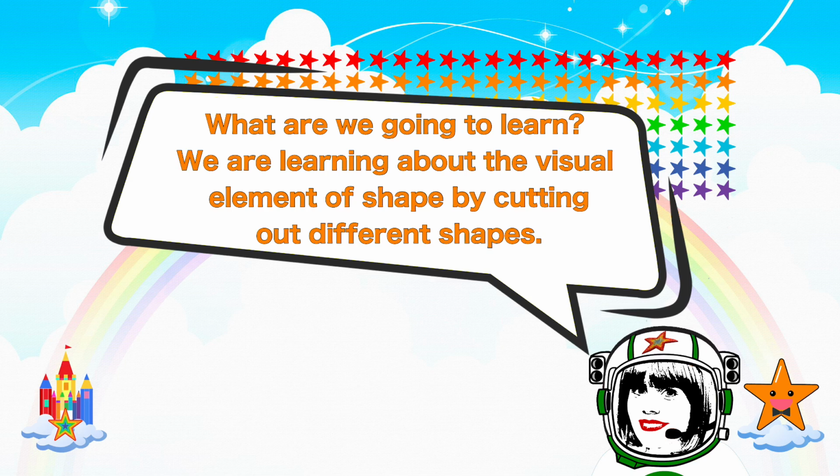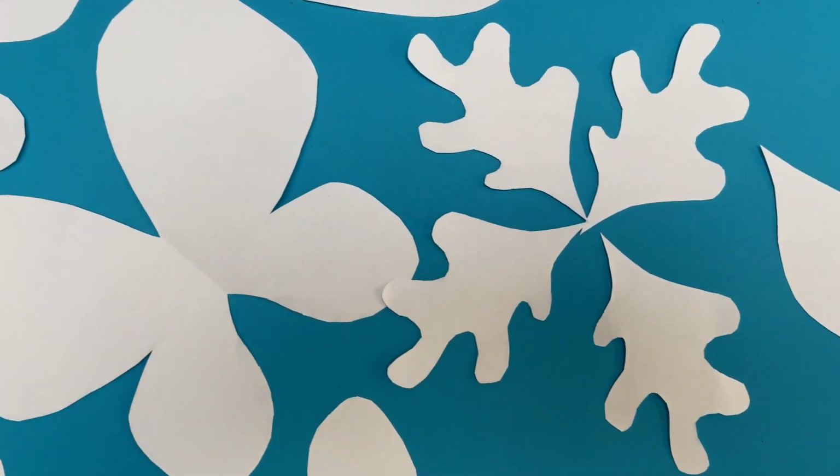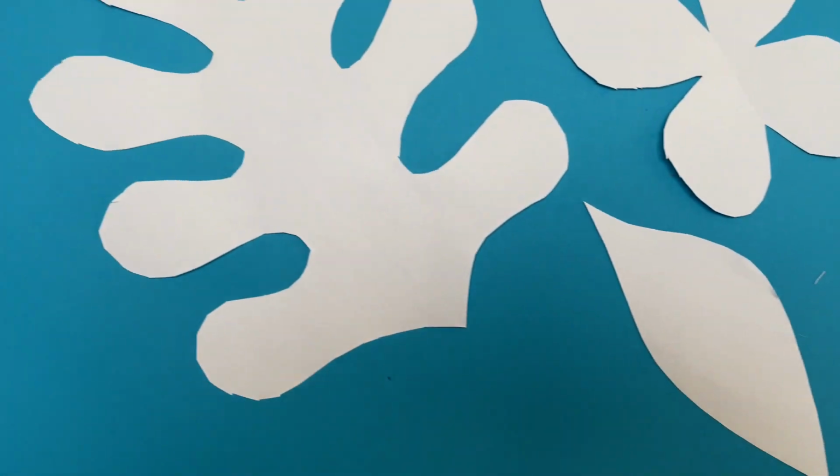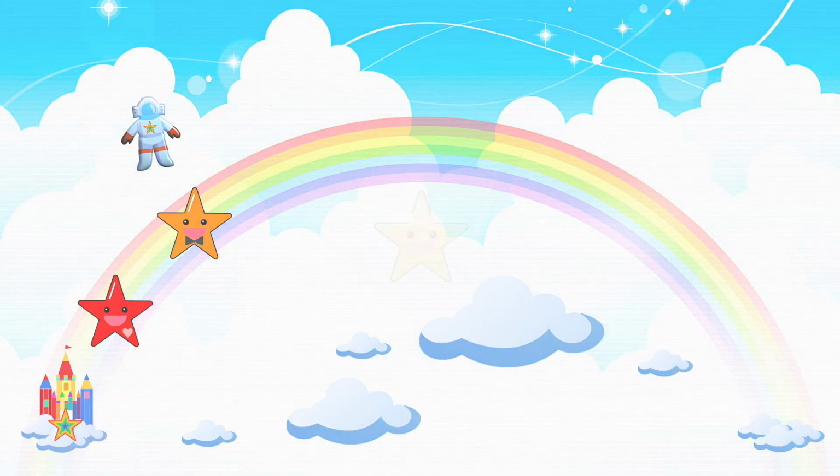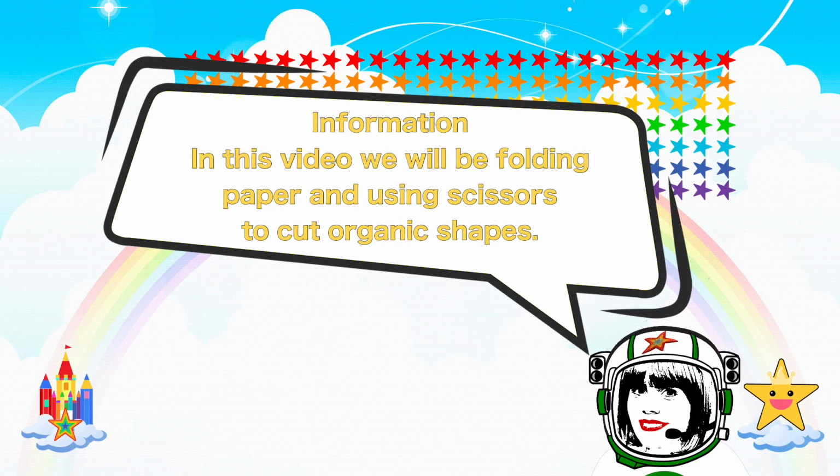In this lesson we are learning about the visual element of shape by cutting out different shapes. In this video, we will be folding paper and using scissors to cut organic shapes.